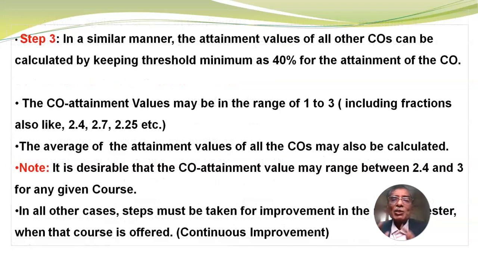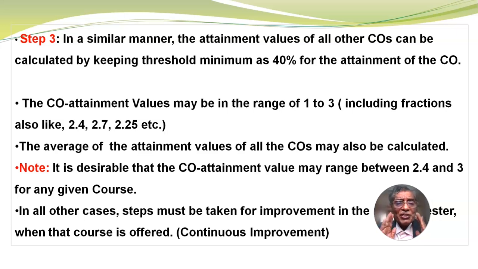Step 3. In a similar manner, the attainment values of all other COs can be calculated by keeping the threshold minimum as 40% for the attainment of the CO. The CO attainment values may be in the range of 1 to 3, including fractions like 2.4, 2.7, 2.25, etc. The average of the attainment values of all the COs may also be calculated.